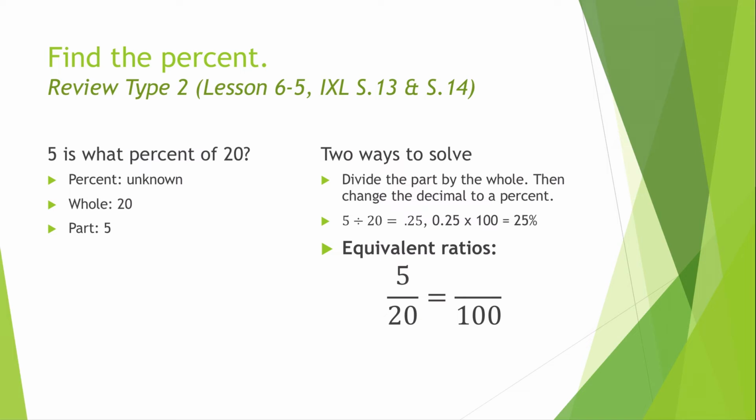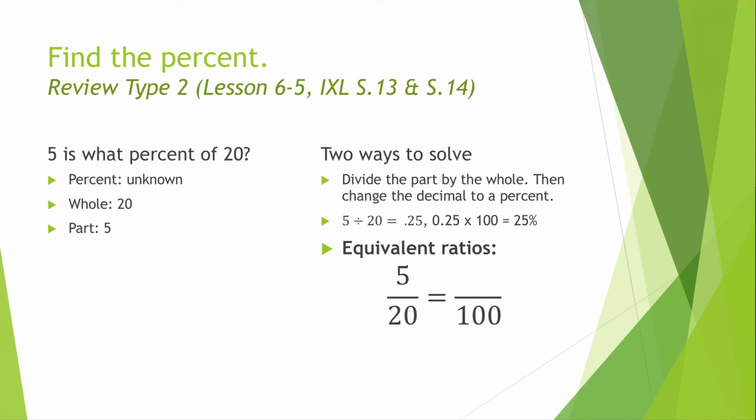So you're saying 5 is the part, 20 is the whole, and we want to know what is the percent, right? So this one works out a lot nicer than the last question, because I know how to get from 20 to 100. I know that 20 times 5 is 100. So then I could just do 5 times 5, and that would give me 25 for this, okay?